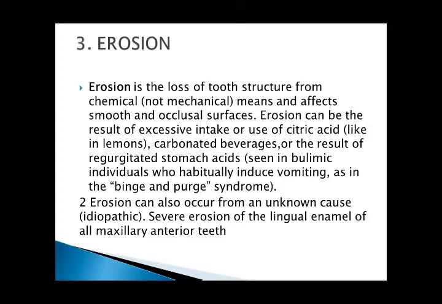Erosion can be the result of excessive intake or use of citric acid, like in lemons, or carbonated beverages, or the result of regurgitated stomach acid seen in individuals who habitually induce vomiting, as in bulimia. It can also occur from an unknown cause, idiopathic, severe erosion of the lingual enamel of the maxillary anterior teeth.